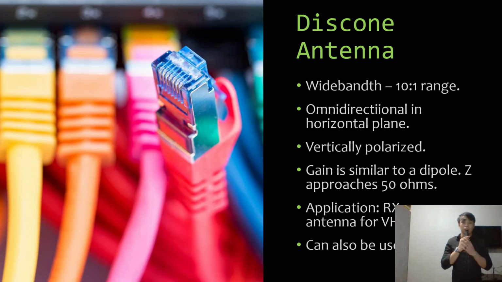Its gain is similar to a dipole, but the impedance approaches up to 50 ohms. The application of this cone antenna is as an RX scanner antenna for very high frequency and ultra high frequency antennas. It can also be used for TX.